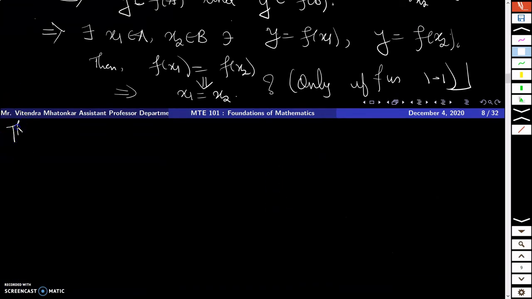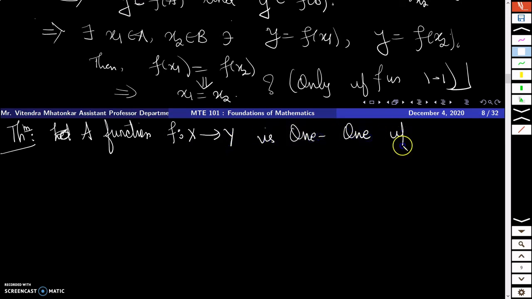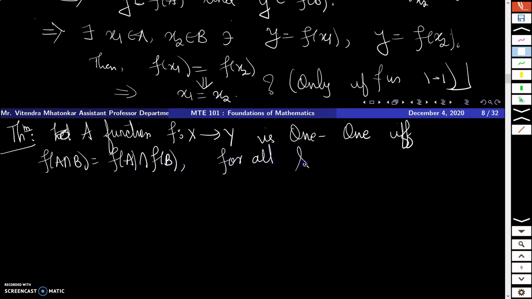So the next theorem says a function f from X to Y is 1 1 if and only if f of A intersection B is equal to f of A intersection f of B for all subsets A and B of X. No matter which subsets of X you pick up, f of A intersection B will be equal to f of A intersection f of B if and only if f is 1 1.